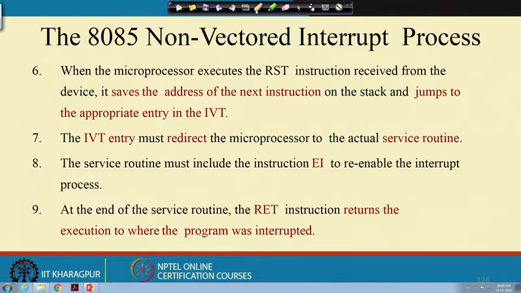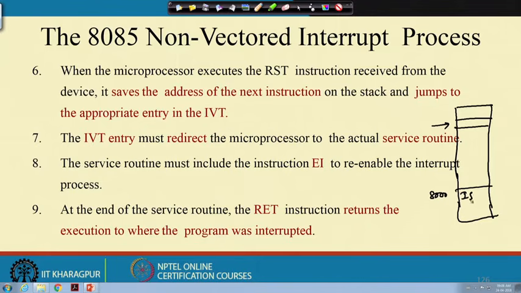It is like this: suppose upon getting the interrupt, it comes to this particular location in the IVT. If your actual interrupt service routine is located from say location 8000 onwards, so this is the actual ISR, then what it does is it puts a jump instruction here, JMP 8000.